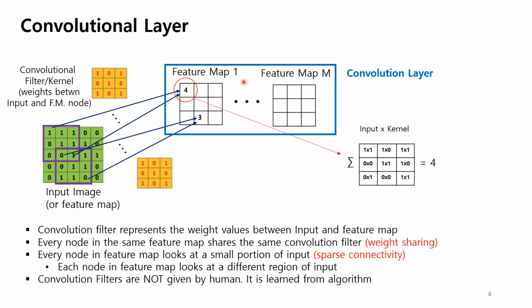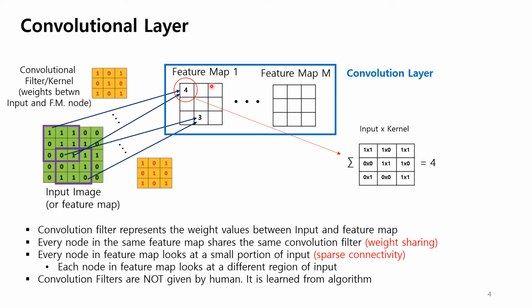CNN has, in the convolutional layer, multiple feature maps, okay, and one particular node in a feature map is connected to a small portion of the input data, not the entire input.